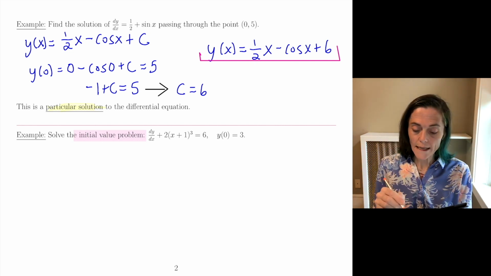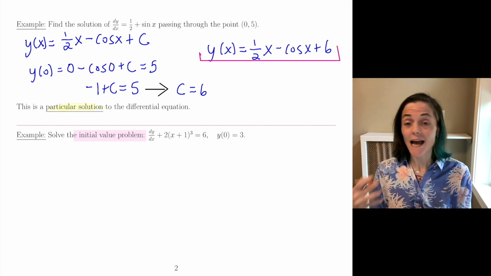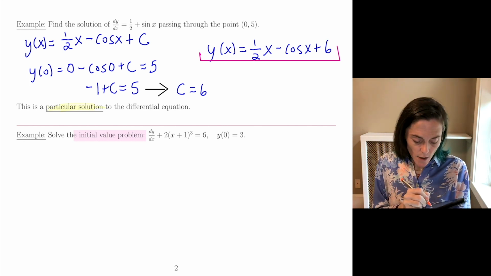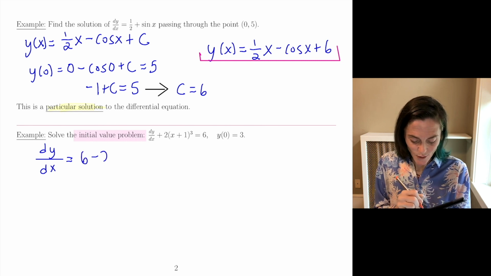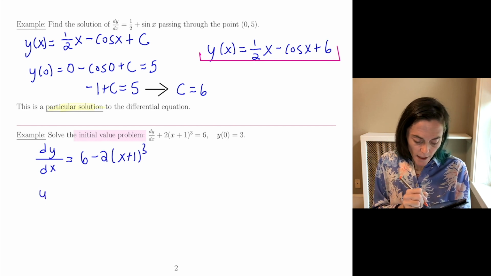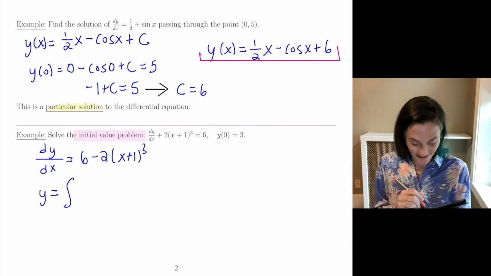I can write dy/dx just as a function of x, so that when I solve, I just integrate. dy/dx is 6 minus (2x plus 1) cubed. Now integrate to get a general solution.